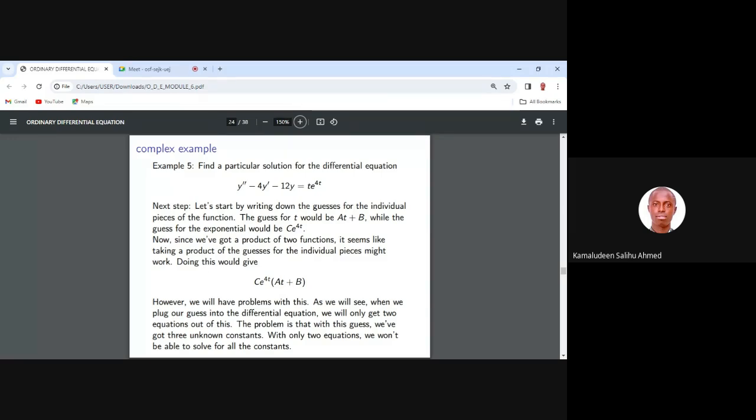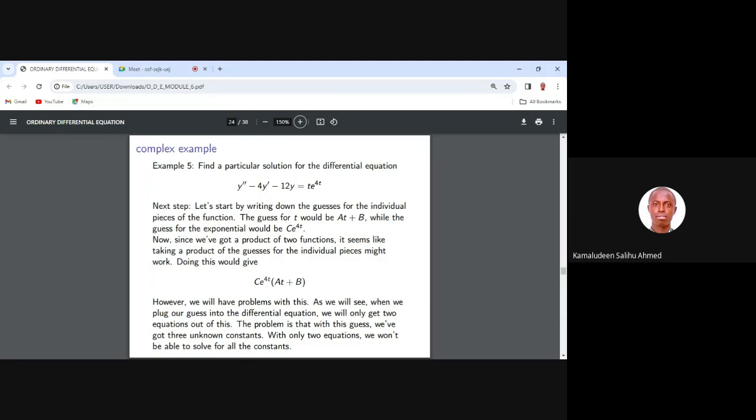Yeah. So now, how are we going to work on this? The linear combination is only two, but now we are having three arbitrary constants. Okay, so let's see what will happen. However, we will have a problem with this, because these are three arbitrary constants. So how are we going to go about it?